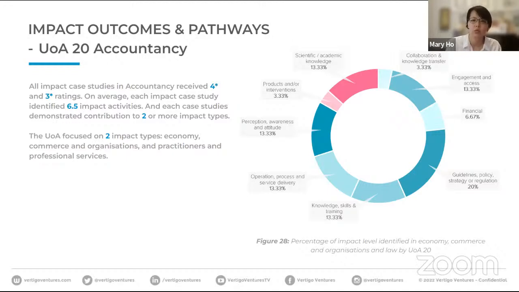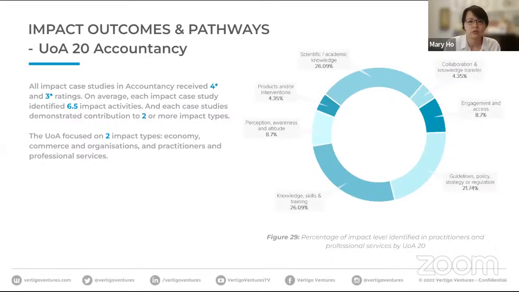As you can see, a wide variety of impact activities were adopted by the academics in this field of study. They involve both knowledge sharing and making valuable changes to their users and beneficiaries, management practices, and also product development.